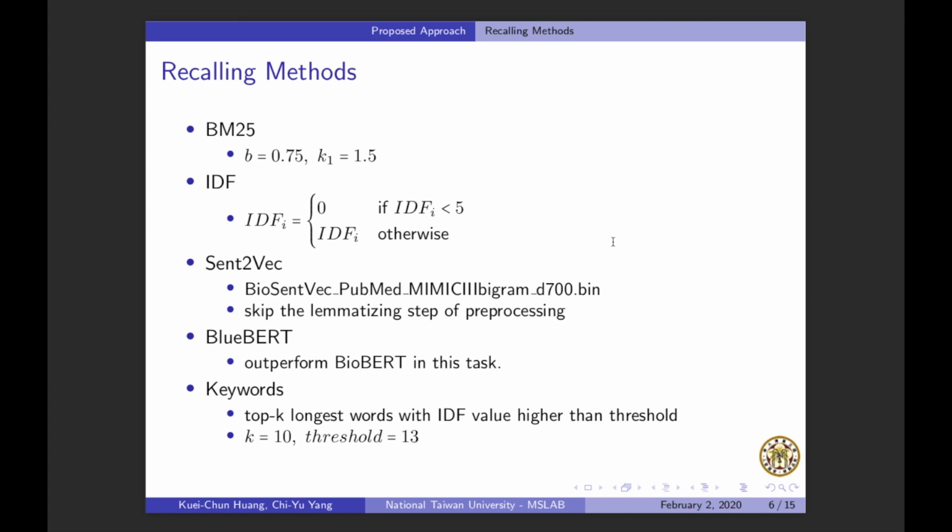The third recalling method is sentence to vector. Sentence to vector is a sentence embedding model with a simple but efficient unsupervised training objective. The algorithm outperforms state-of-the-art unsupervised models on most benchmark tasks, and on many tasks even beats supervised models, highlighting the robustness of the produced sentence embeddings.